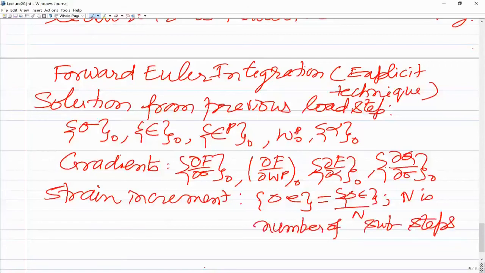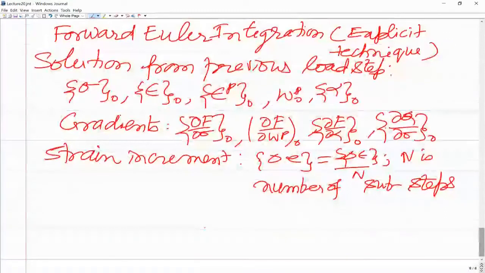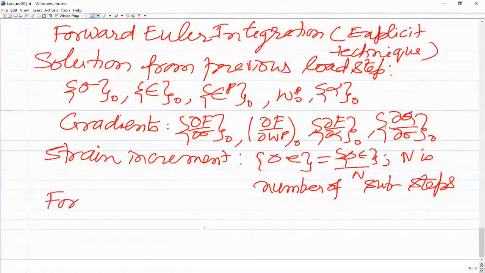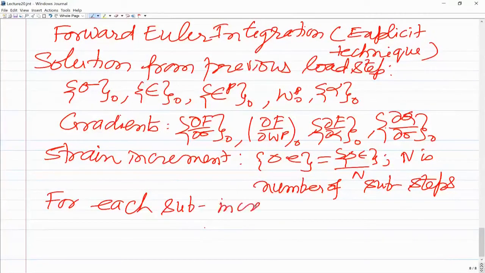Then within this load step, we loop over all the sub steps, that is n sub steps. So for each sub increment, let us say that is n plus 1, where n is going from 1 to N in steps of 1. N I have already defined.